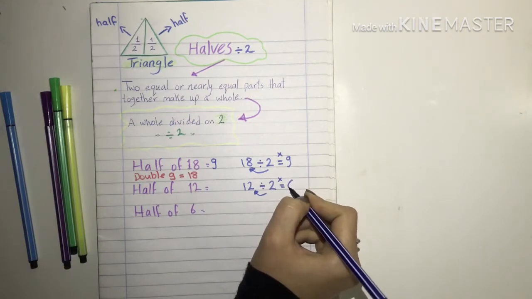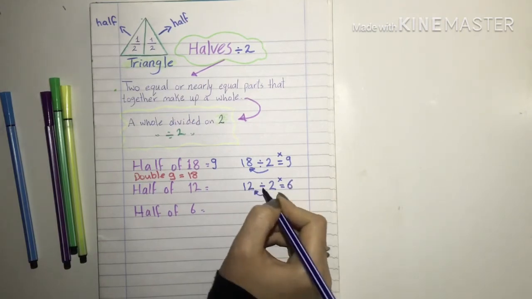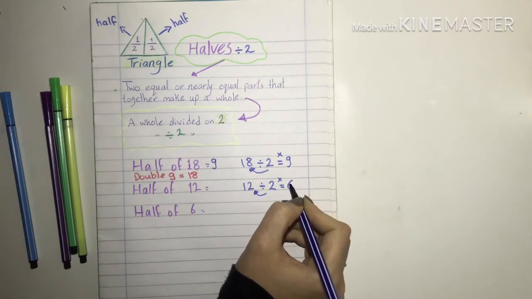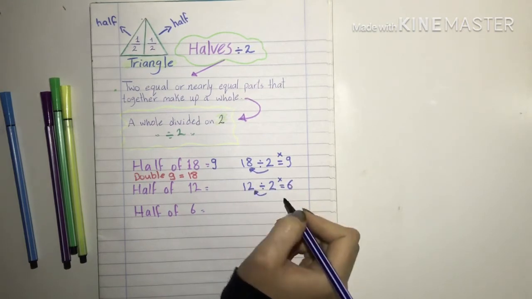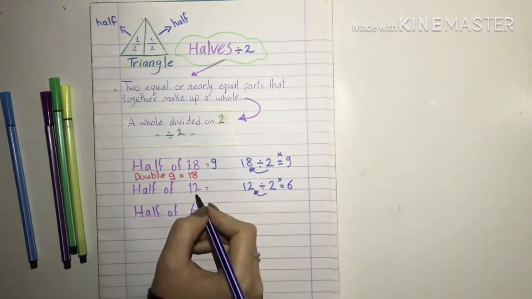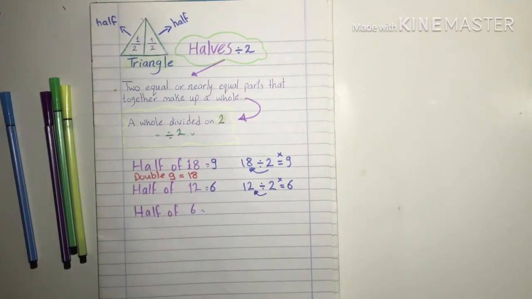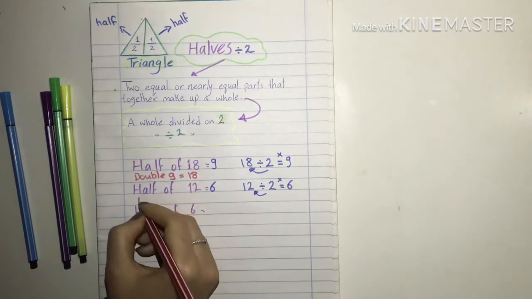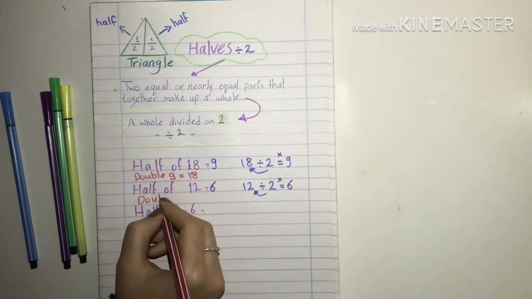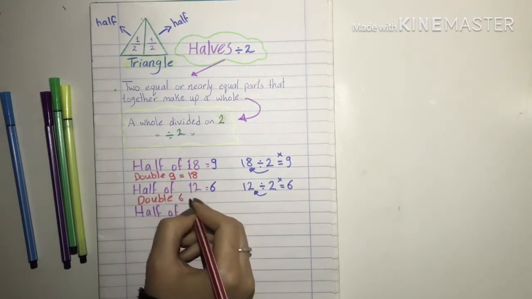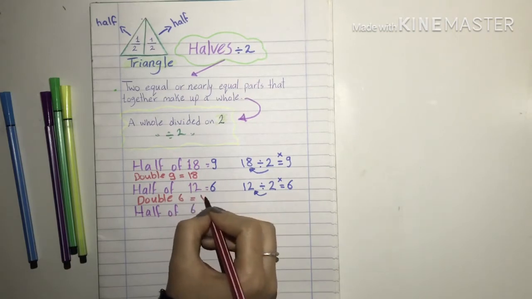It is 6. So 12 divided by 2 is 6, because 6 times 2 is 12. So half of 12 is 6. And the same thing, double 6 is 12.